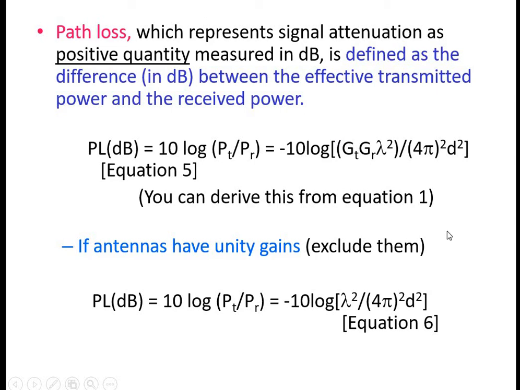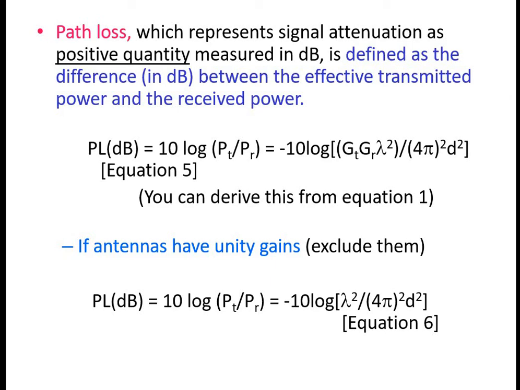Then path loss. Path loss is the signal loss, the signal attenuation, and this is the difference between the effective transmitter power and the received power. We can write it by the simple expression PL in dB, PL for path loss, equals 10 log PT by PR.